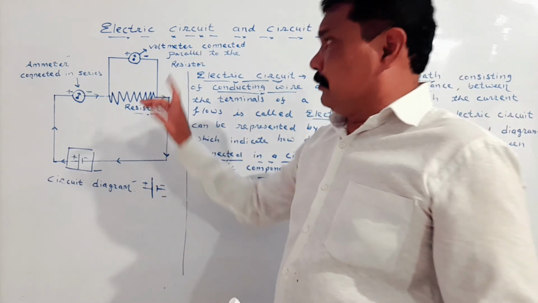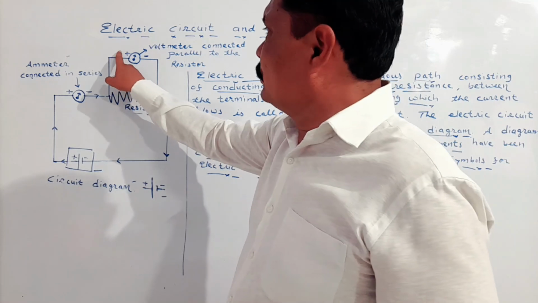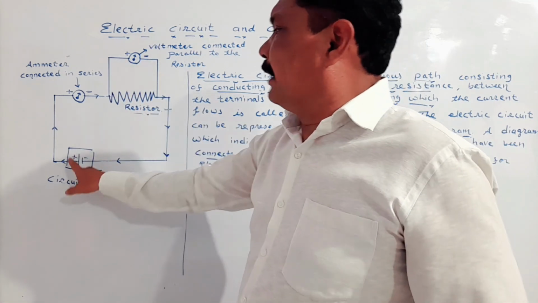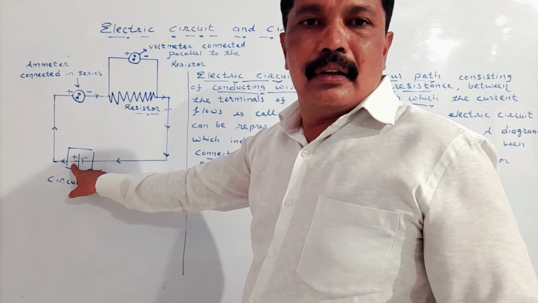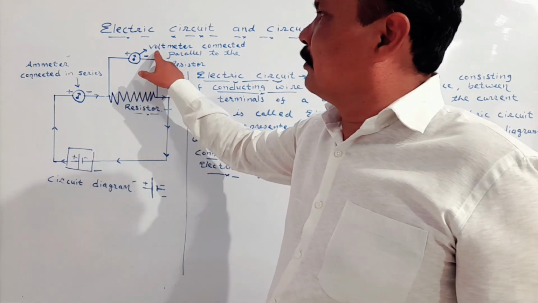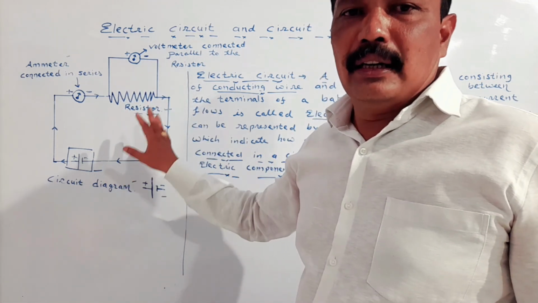Again, one thing we have to carefully mark, that is the positive sign of the voltmeter and the positive sign of the electric cell, and the negative sign of the electric cell and the negative sign of the voltmeter should be correctly marked as shown in the diagram.